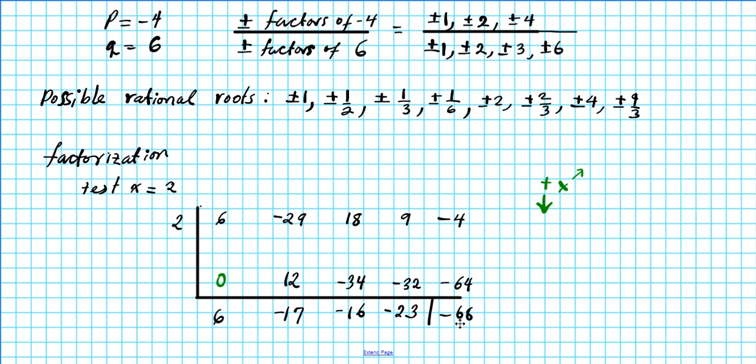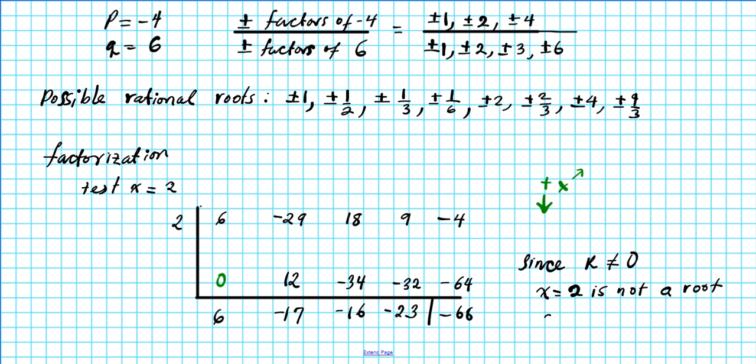Okay? Now, what does this tell us? This is not 0. So, since this is not 0, x equals 2 is not a root, or x minus 2 is not a factor. Okay? So, since the remainder is not equal to 0, x equals 2 is not a root.